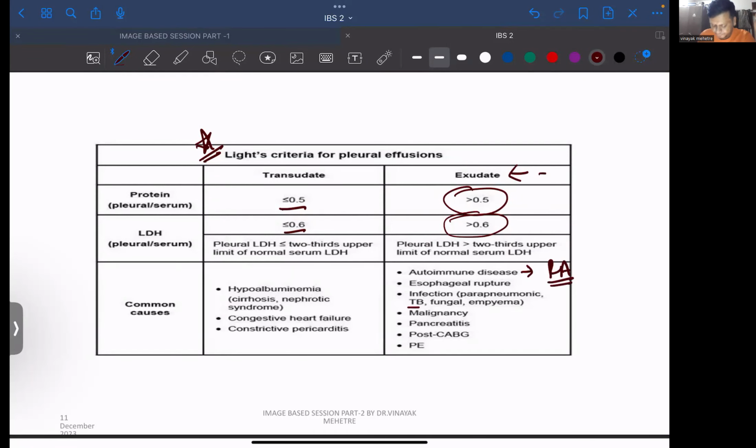TB is here too. When you don't know the answer, it is exudative every time. Most things are present in exudative only. Just remember this, no detail is needed: when you don't know the answer, it is exudative pleural effusion. That's it.